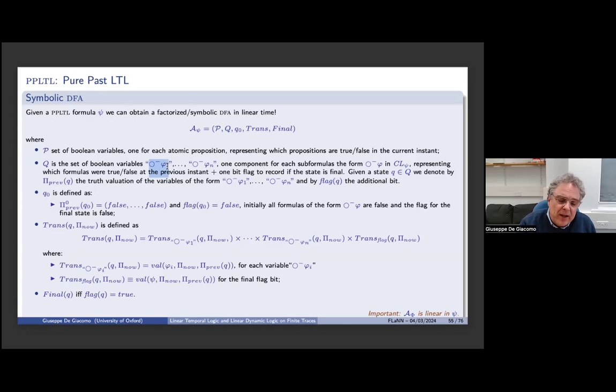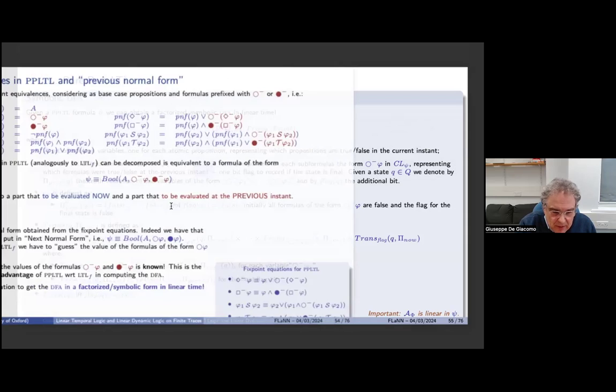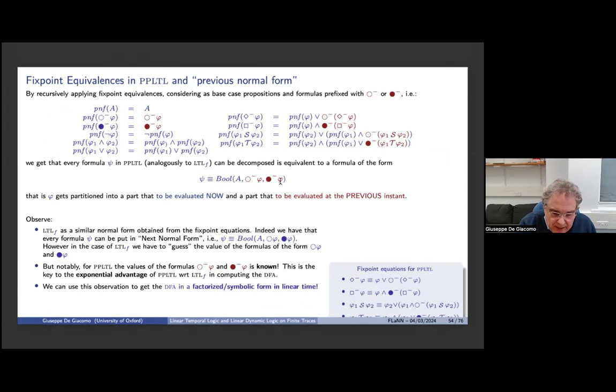Assume that the original formula is obtained compactly by using only previously and since, so that we have the minimum number of operators. So you can take all the formulas of the form previously. If we go back here, when we do this, we don't have anything in weak form.